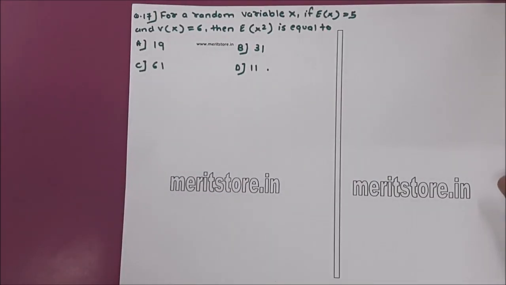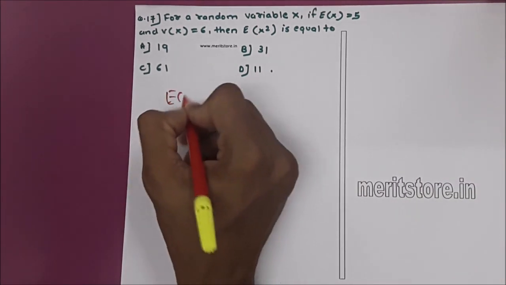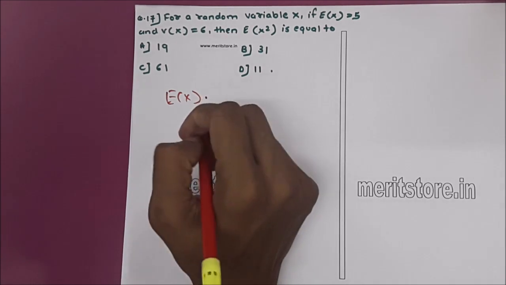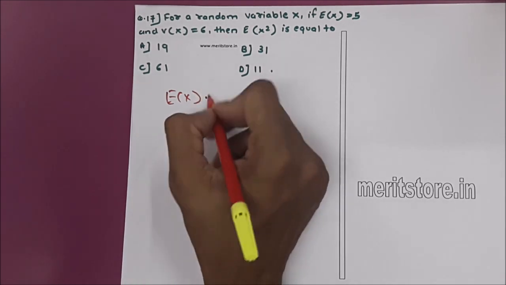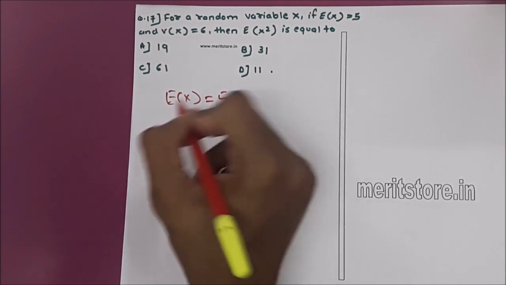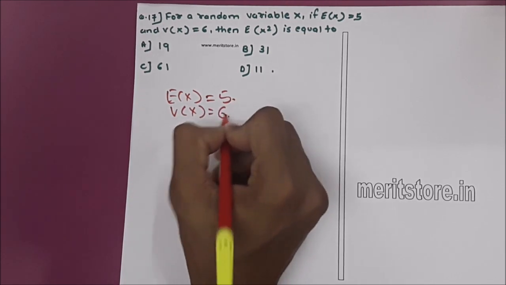Question 17. For a random variable x, if the expected value is equal to 5 and the variance V(x) is equal to 6, then E(x square) is equal to: A, 19; B, 31; C, 61; and D, 11. We know that the expected value E(x) is equal to 5 and V(x) is equal to 6.